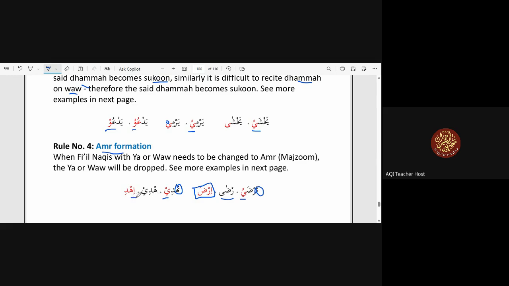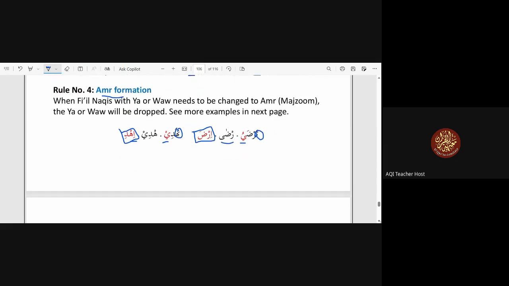Then hamzatul wasl comes and it gets kasra because the ain kalima gets kasra, and because the ya, the weak letter, drops, so ihdi is the final form of amr formation. This is quite simple because we have done amr in module 1. I hope everyone will find this rule quite easy.